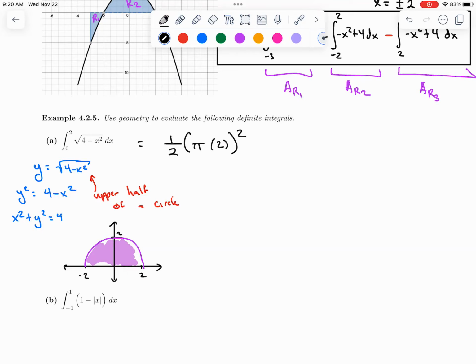This is wrong. Why is this wrong? What did I shade wrong? Something's wrong with what I did. This wasn't the integral from -2 to 2. Yeah, it's from 0 to 2. So it's only a quarter circle.